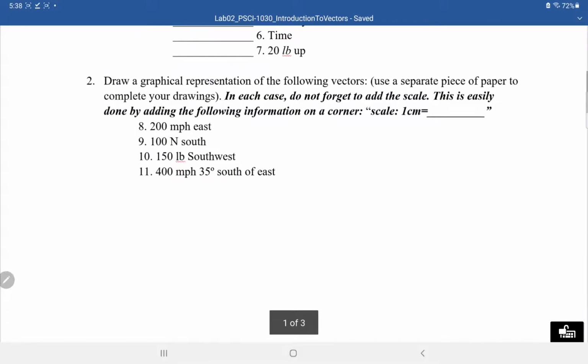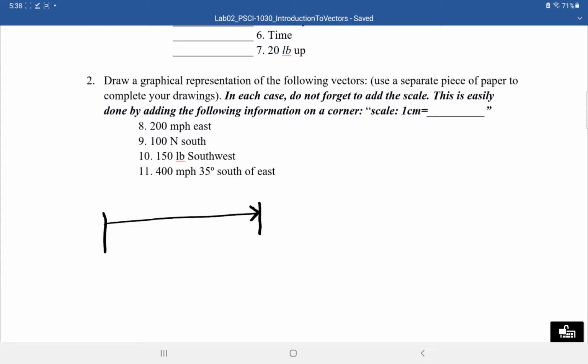Now let's go to another question. How to represent a vector? How can you draw a vector? As I said before, a vector is represented by a line with an arrowhead, and the length of this vector gives you the magnitude, and the arrowhead gives the direction. If the length of a vector in comparison to another vector is more, it means the magnitude of that vector is greater than the previous one, right?